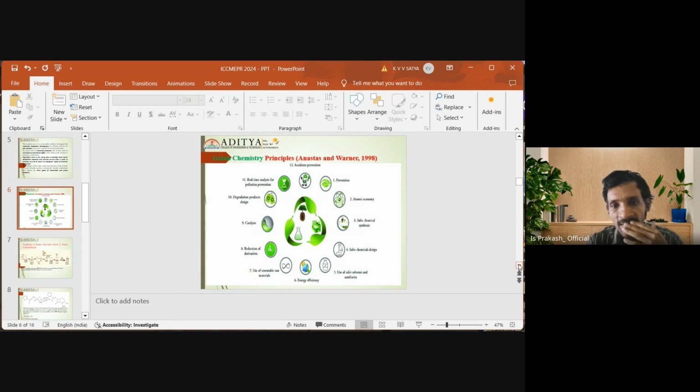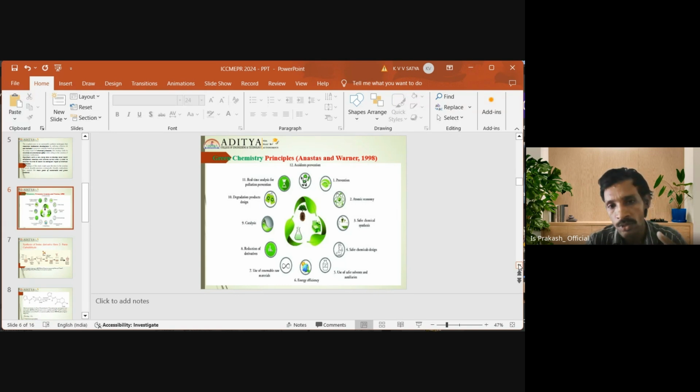Here is a slide which explains the green chemistry principles. One is prevention: how environmentally harmful products are prevented, and the atom economy, and which reactants are going to be safer for the environment, and which safer chemicals are going to be designed, and which products are going to degrade in the environment, and the various types of catalysts used to produce new molecules, which help us in the discovery of drugs, and derivatives of reactions which help to degrade pollutants. Also energy efficiency, real-time analysis of pollution, reactions, and the prevention of accidents.